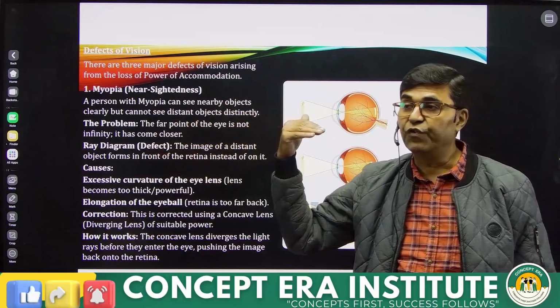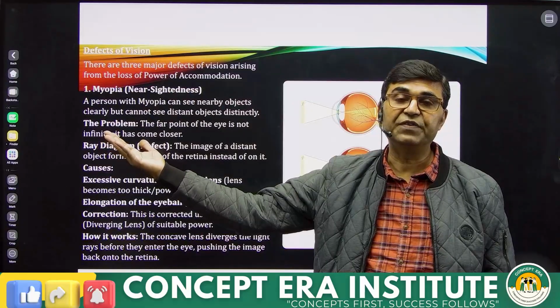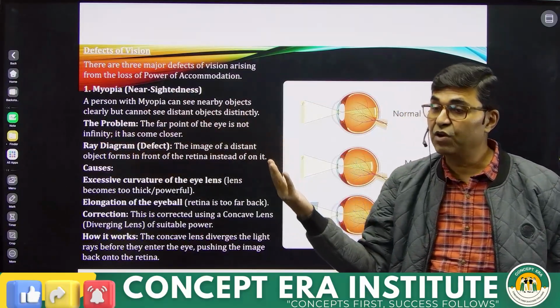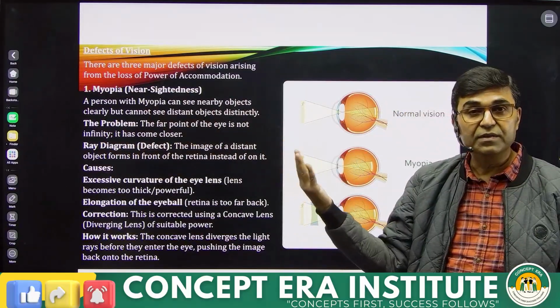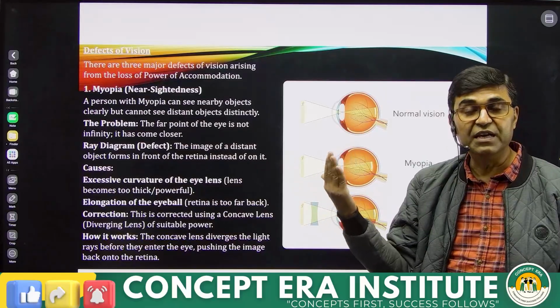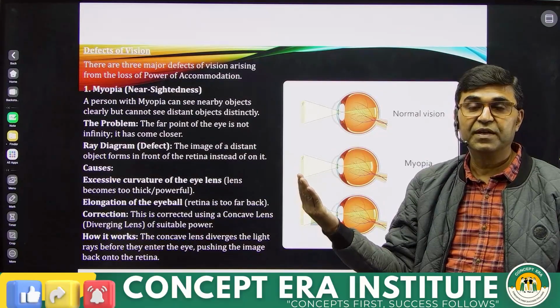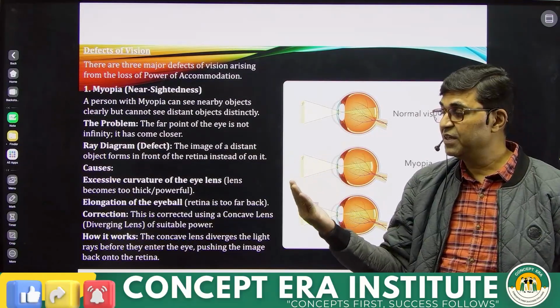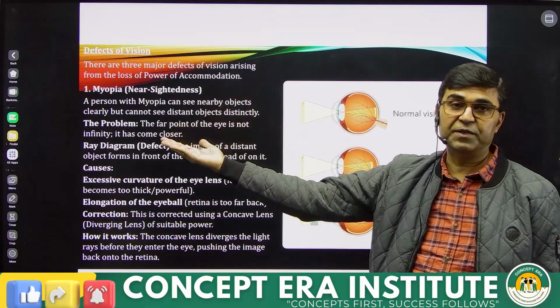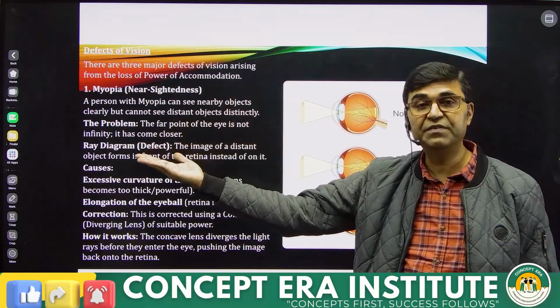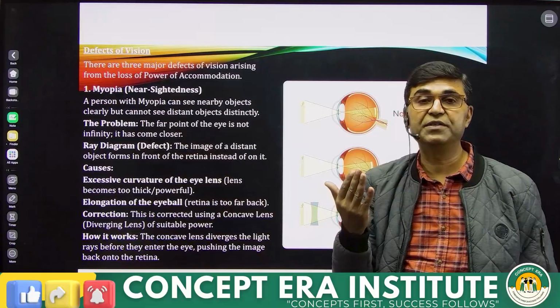So their far vision is defective, and if they are not able to read properly, then their near vision is defective. Generally, if the near vision is defective, the far vision is okay. And if the far vision is defective, then the near vision is alright.